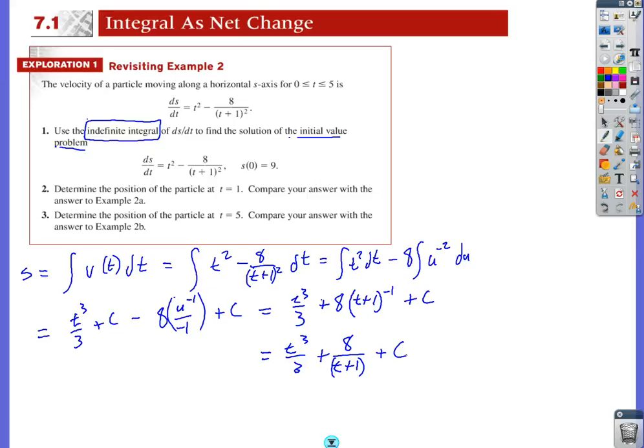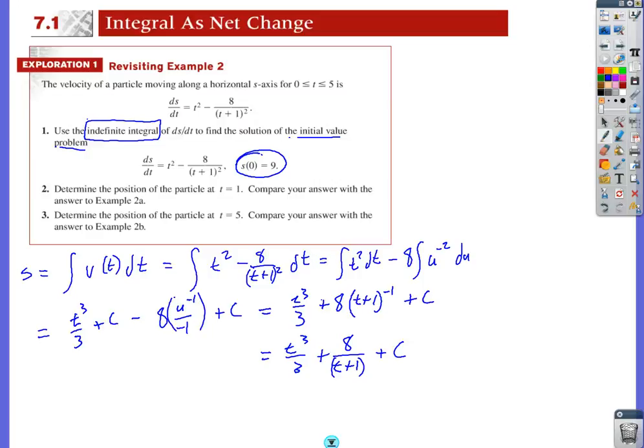So what does this help me out as? Well, what this tells me is, now I need to find out how I can find what c is. And what I need is this piece of information right here to help me out. So this is all equal to s, but now I need to find out what c is to finish this off.